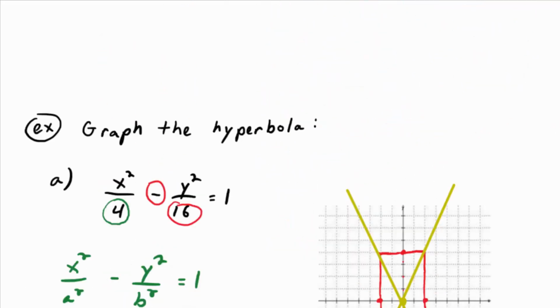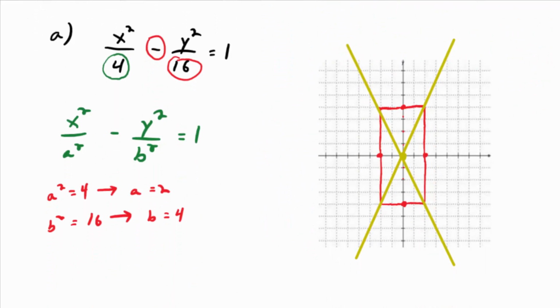So where does the box come from? Well, think about it. What did I do to create the box? I went up a distance of root 16, which is b, right? So I went up a distance of b, which turned out to be 4 in this case.